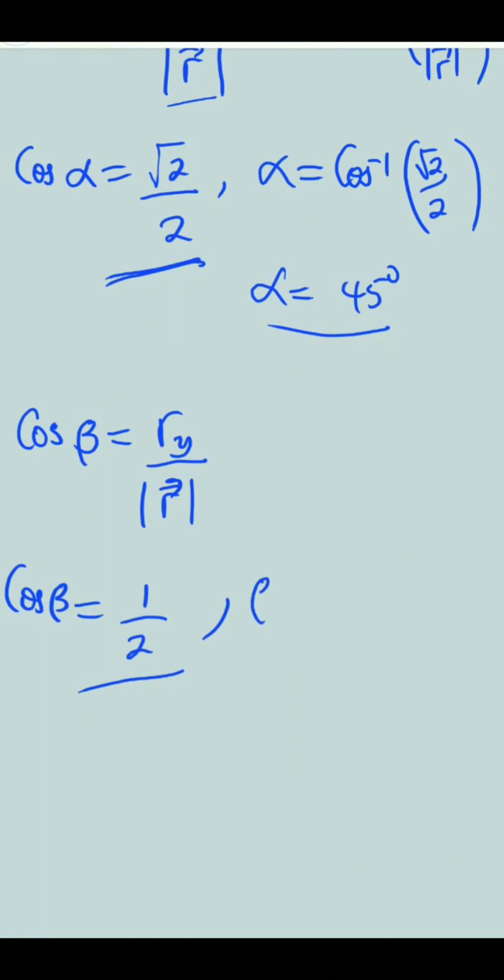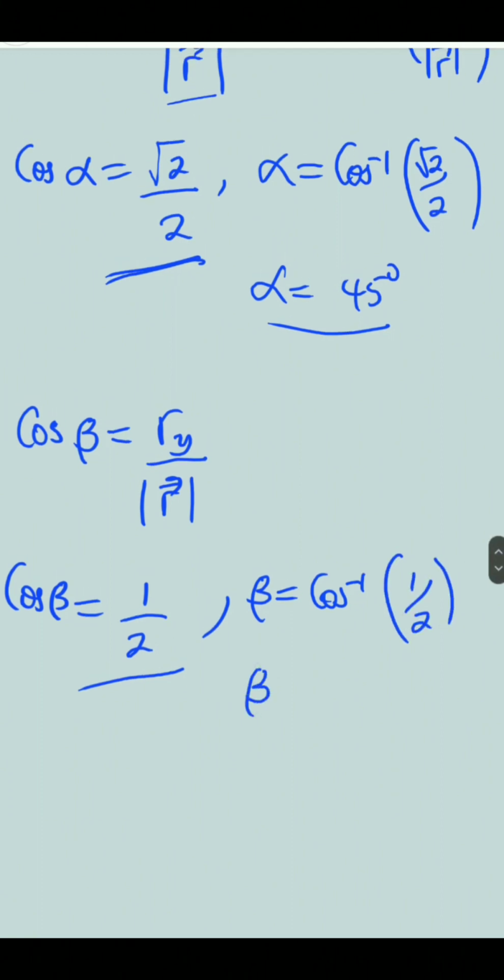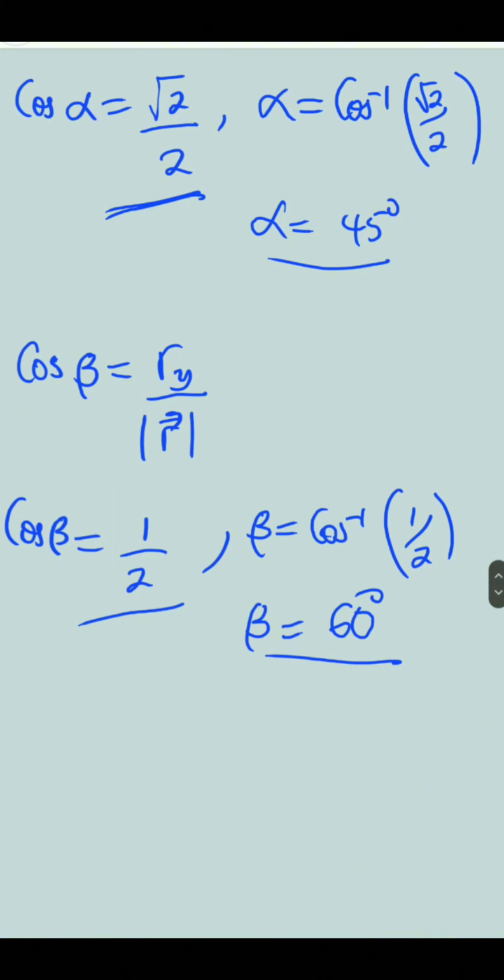So that is our direction cosine. Then we find the angle: beta equals cos inverse of one half, which gives us 60 degrees, the angle that the vector makes to the y-axis.